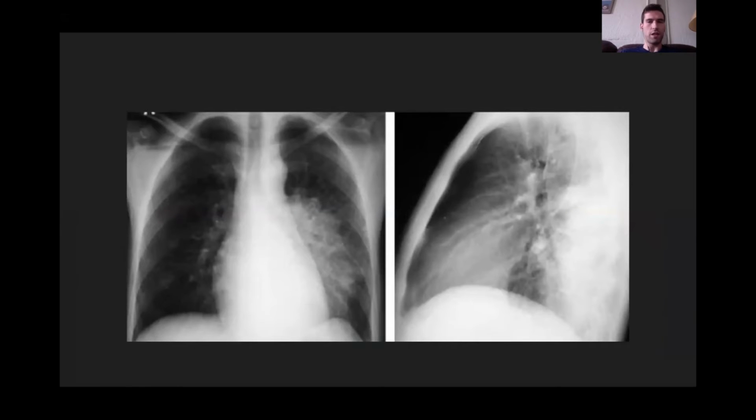All right, what are we seeing here? There's a broad answer and then a more specific answer that I'm looking for, specifically on the lateral view. All right, if you said pneumonia, you are correct. There's a consolidation there on the left side. Interestingly though, you can get even further.